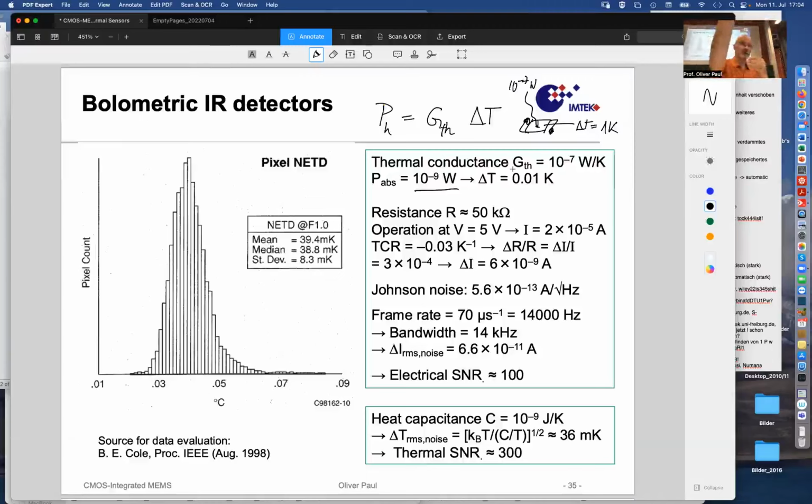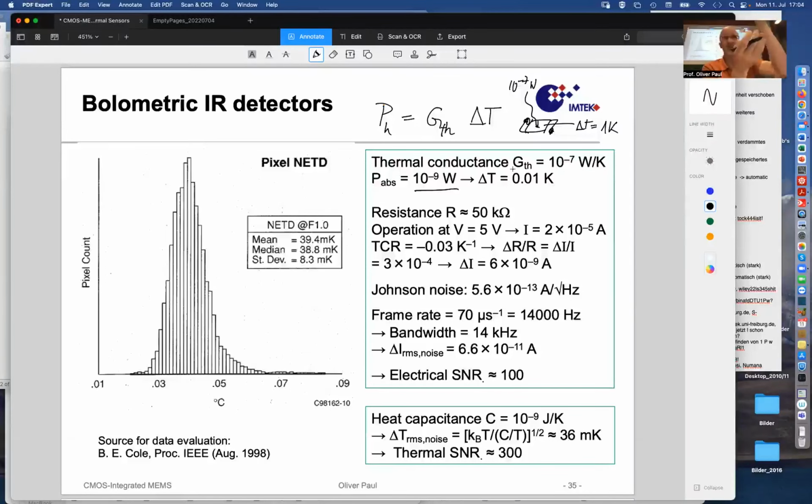That object is maybe 10 degrees above ambient. And so you can estimate the power that this black body radiates into space and how much of it finally ends up on those 50 by 50 square micrometers of area. That's not a lot.